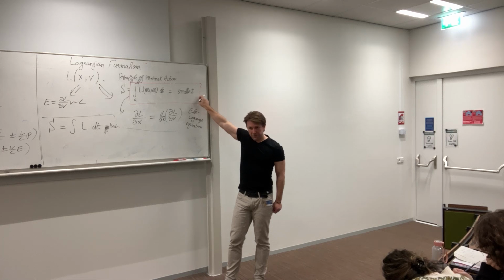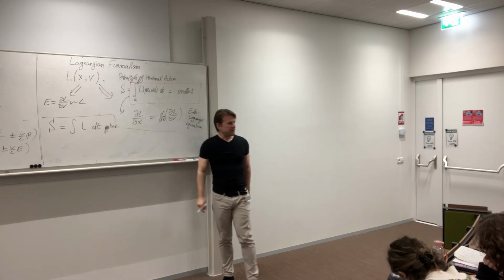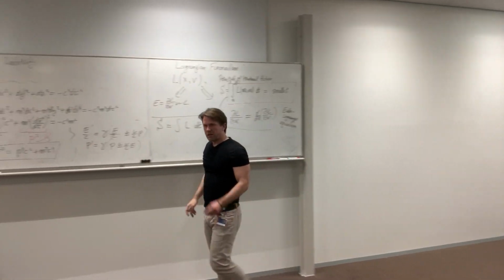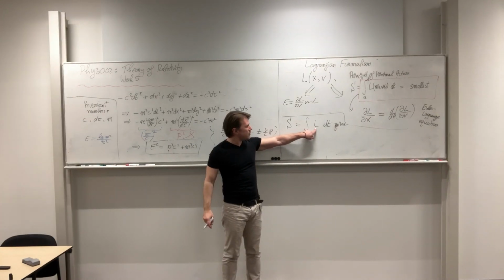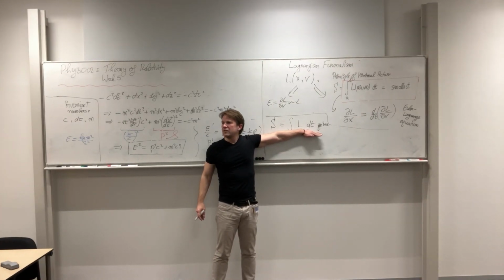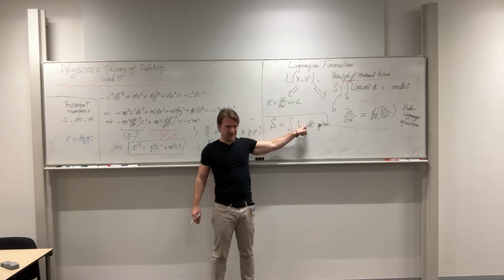That would give you different laws of physics in every frame. That's against the principle of relativity. If I want to get the same laws of physics in every frame, I better choose my L such that this integral doesn't change when you go from one inertial frame to the other. That gives us an extremely strong clue what L should be.